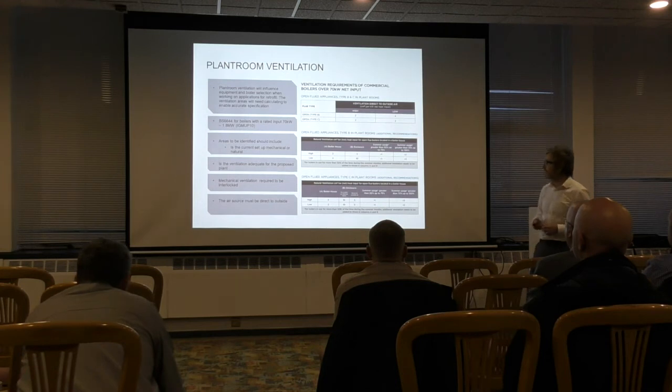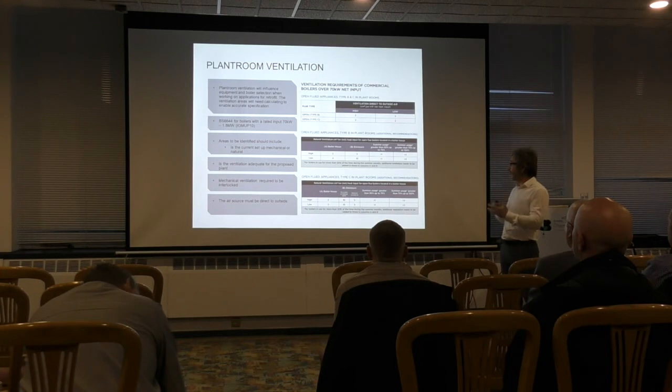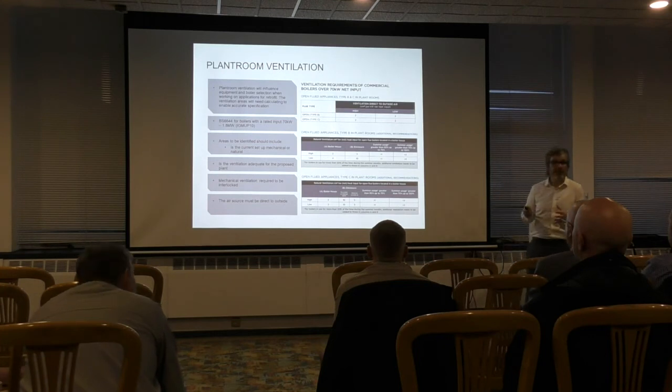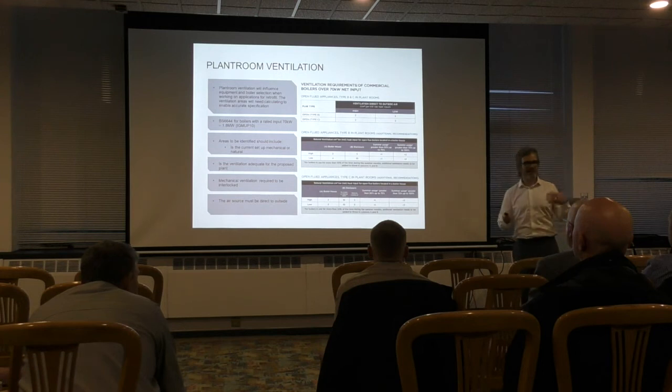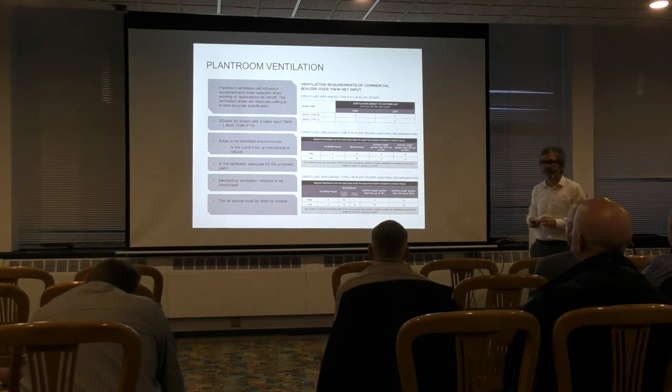If it's mechanically ventilated, it needs to be interlocked, obviously with the boilers, so that if that mechanical ventilation fails, the boilers won't be able to fire. And the air source must be direct to outside. That's something that, surprisingly, I do get asked a fair bit, where we're looking at a plant room and maybe you're thinking, well, actually, I can't get the ventilation direct to outside, but we've got a corridor out there with adequate ventilation, that should be okay.